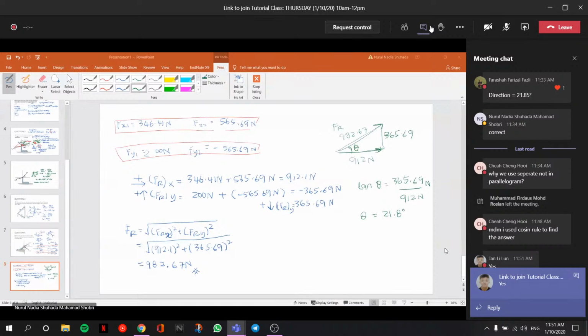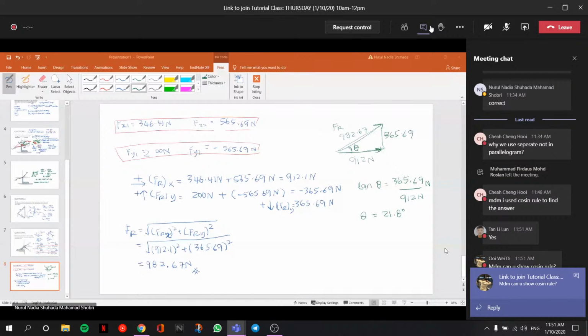You can use any rule to get the answer, because basically in mathematics, if you find the value properly, whether you use tan, sine, or cosine rule, or any other rule, as long as it's correct, it should be okay.